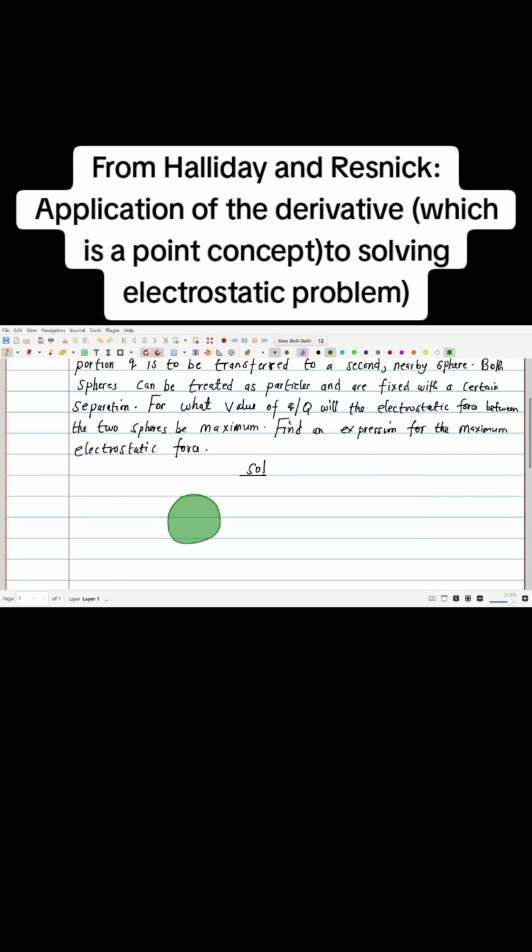We can consider this as a sphere. So okay, let me make it neat. This is the first sphere. And the second, we can choose this color, but they are identical.